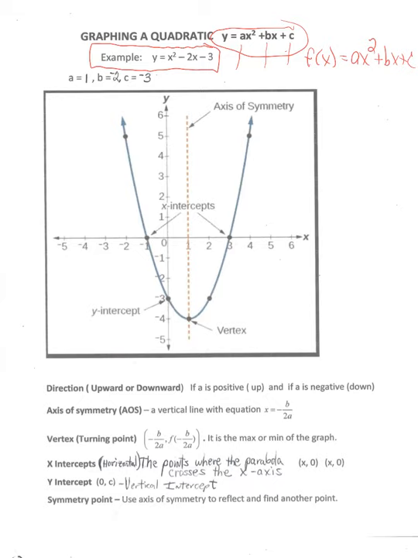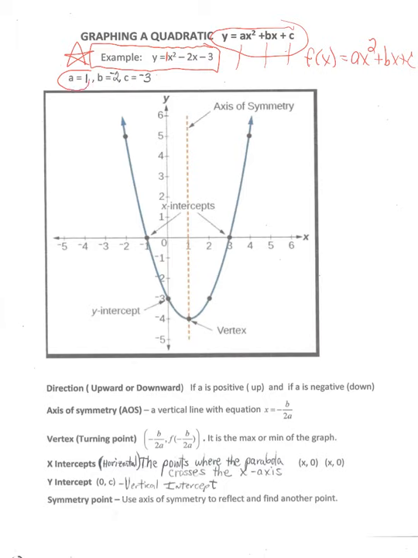Okay. So first of all, we want to identify what the a, b, and c are. So if we come here to this x squared minus 2x minus 3, there's a 1. I sometimes call it the ghost 1, that is understood, not 0, to be in front of that x squared term.